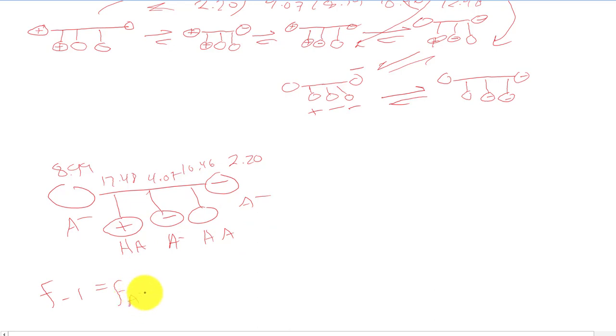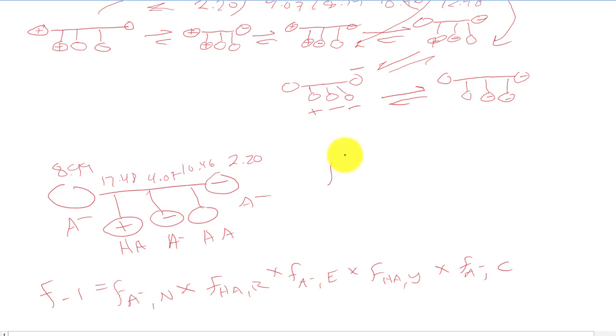We have the fraction deprotonated at the N times the fraction protonated at the R times the fraction deprotonated at the E times the fraction protonated at the Y times the fraction deprotonated at the C terminus.